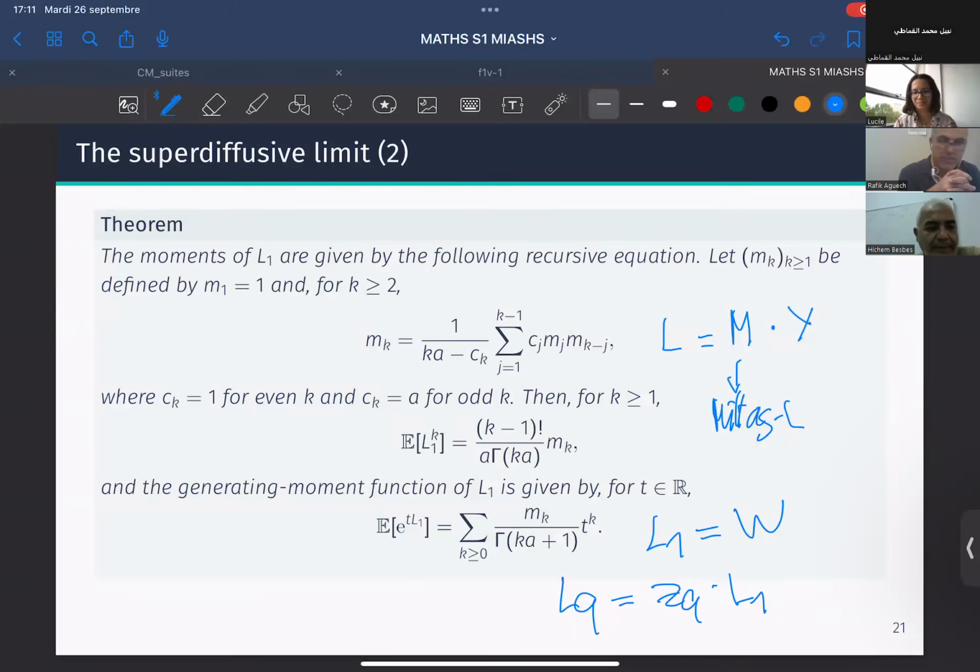Okay, the last remark: in your model, you have put your elephant in an urn. If you have two elephants, you can put each one in one urn, and think that there is interaction between these two urns. So it reflects the interaction between these two elephants. I think that we can use some results about interacting urns to obtain some results about this model when we have more than one elephant.